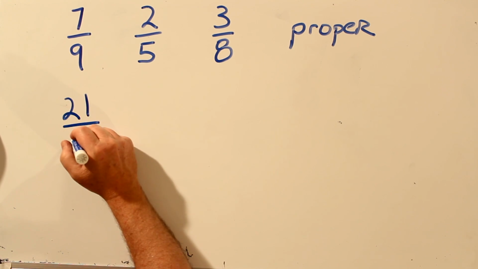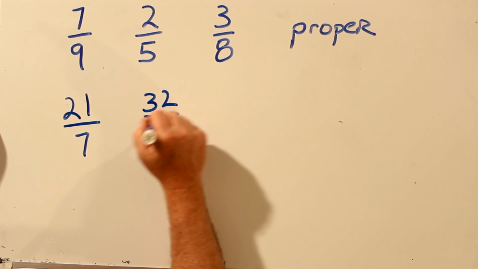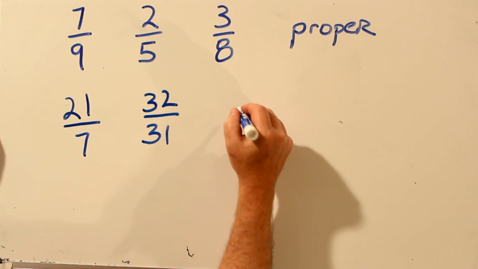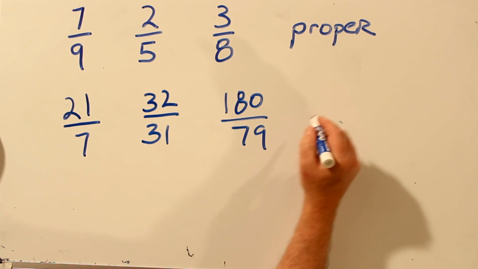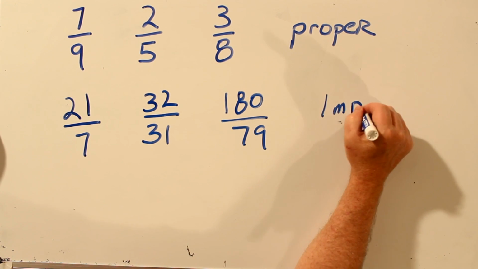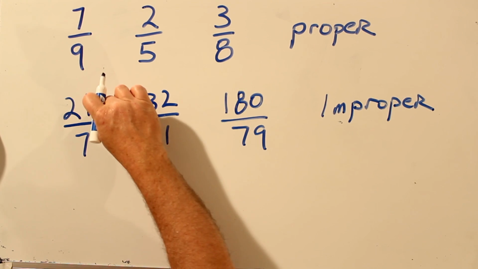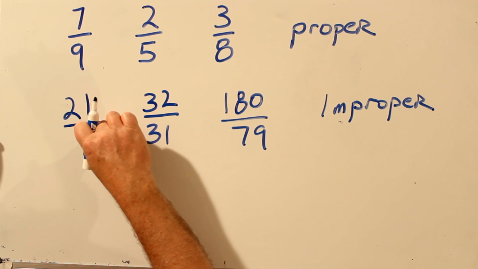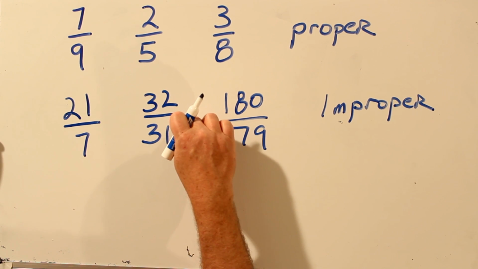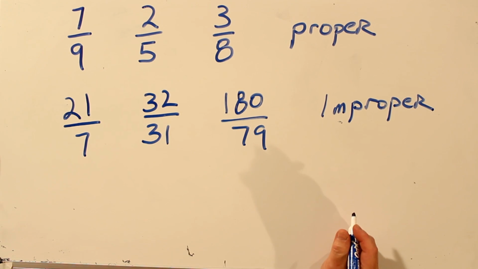If we had numbers like 21/7 or 32/31 or 180/79, these would be called improper fractions. Improper because the top number is bigger than the bottom number. So this is more than one thing plus a fractional part of another.